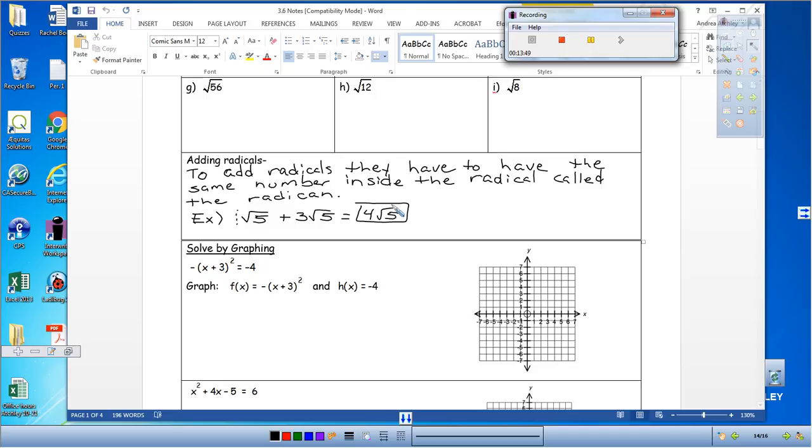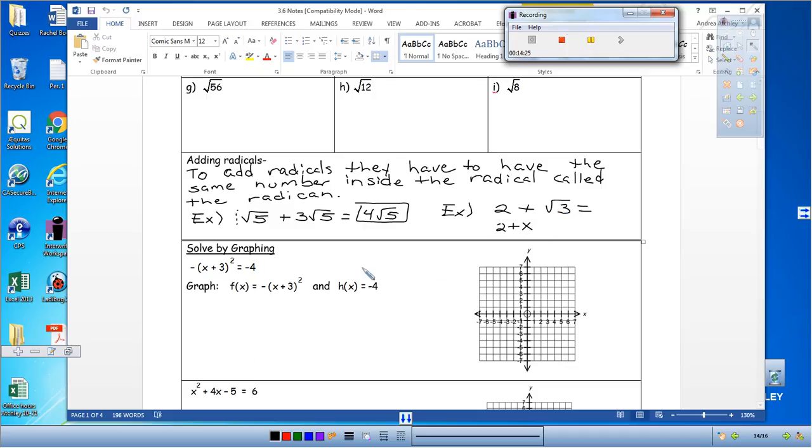Okay. Now, what if I had something like this? 2 plus the square root of 3. Okay, this would be like 2 plus, remember the square root of 3 is like an x, like a variable.